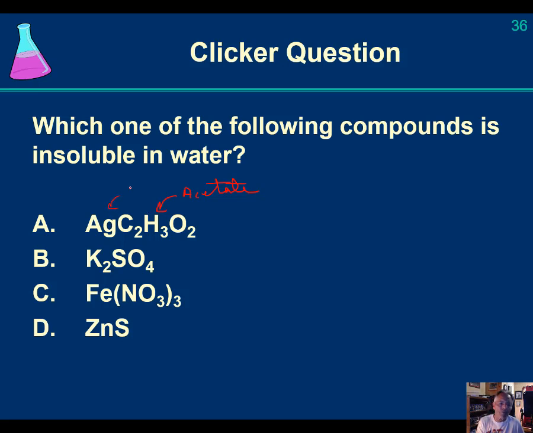This is silver. However, this is acetate. There are no exceptions to the solubility of acetates and nitrates. So this guy will completely dissociate into silver ions, aqueous, and acetate ions, aqueous.